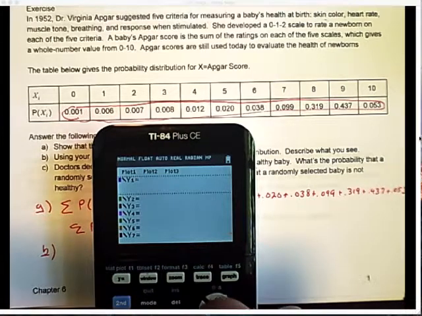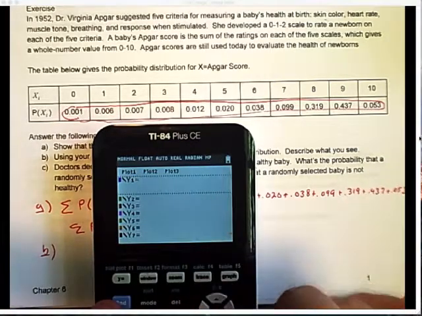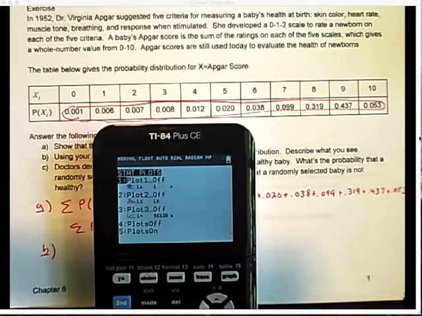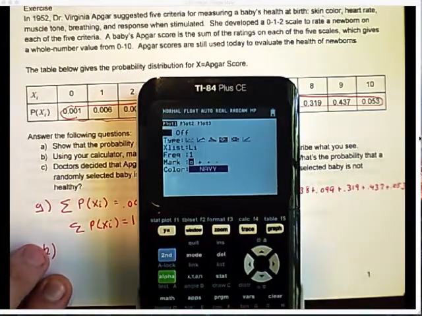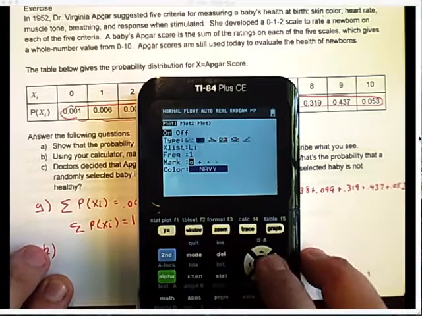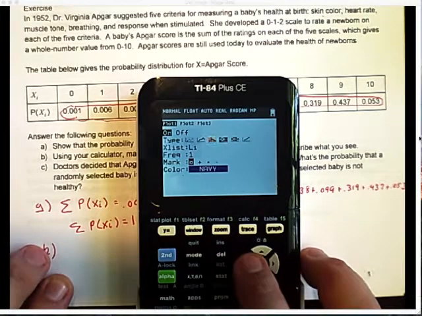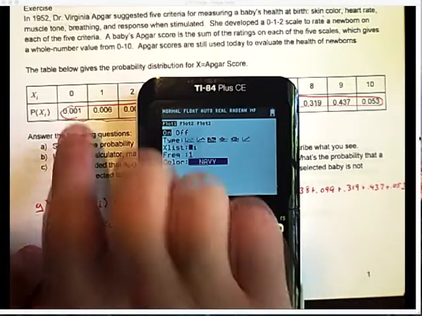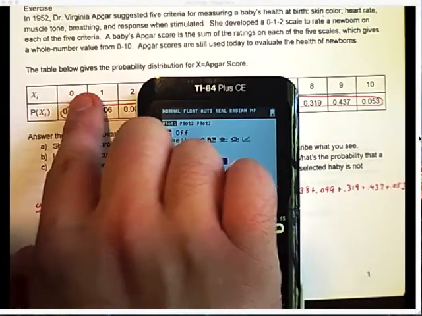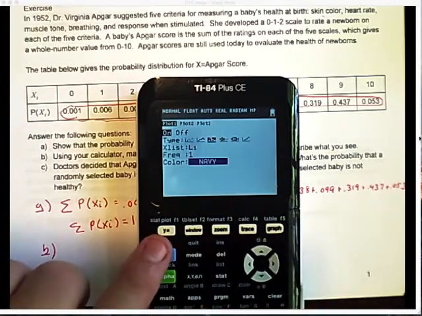All right, then go into your y equals, get rid of any graphs you might have, but let's make a statistics plot. So turn plot 1 on, and let's choose the option that's a histogram. It's the third option. Your X list, that is APGAR score, was in list 1.